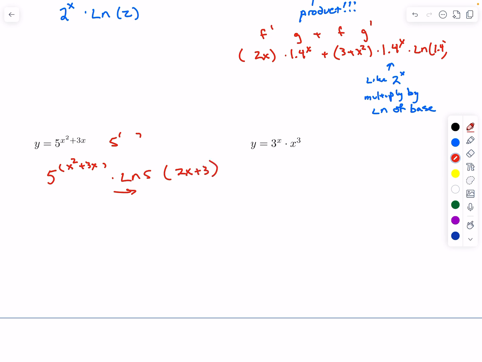Don't forget parentheses around the 2x plus 3. Okay. Oh, look, another product. Product rule, bless its little heart.